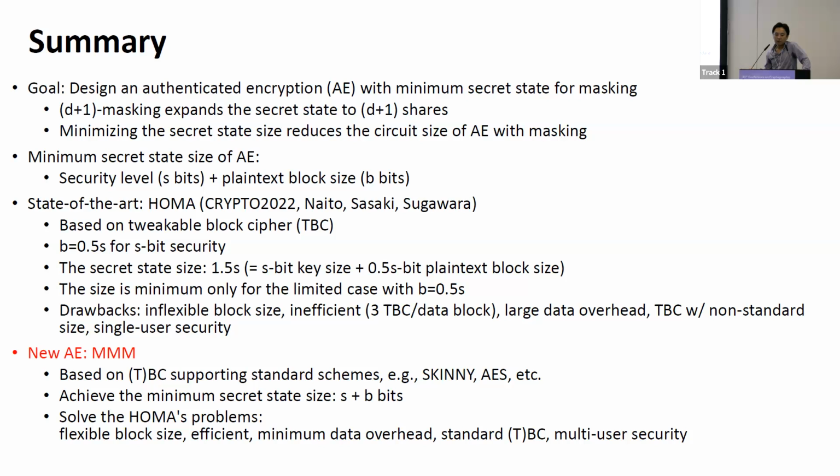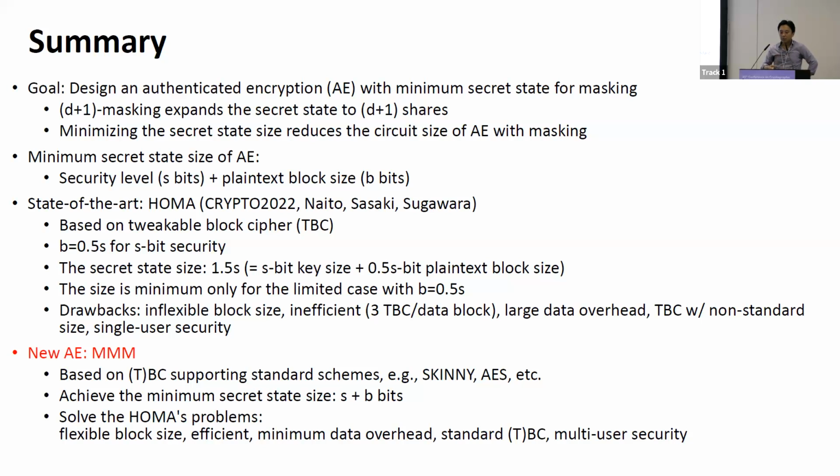Homer is the existing masking-friendly AE scheme. It is based on a tweakable block cipher, or TBC. The plaintext block size is half of S bits for security level S. And the secret state size of Homer is 1.5 S bits. So the size is minimal, but only for the limited case with this block size.